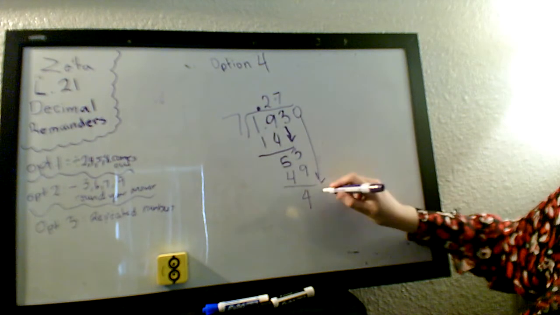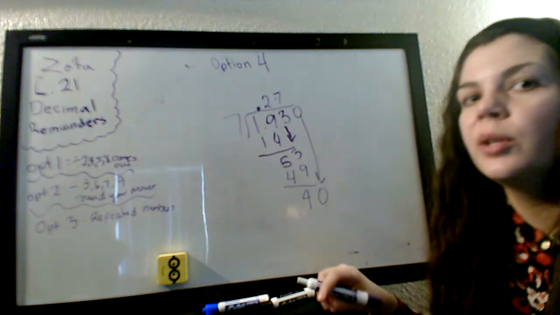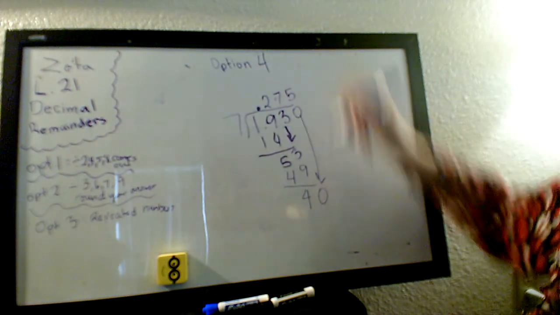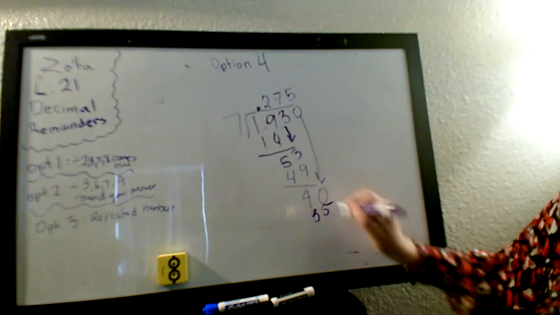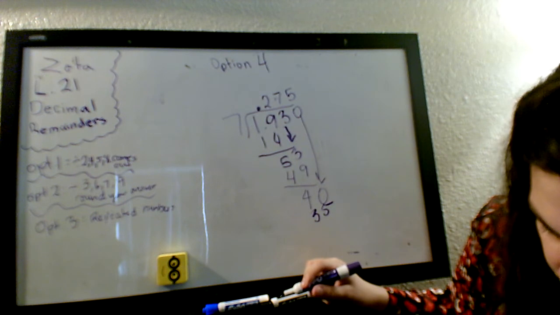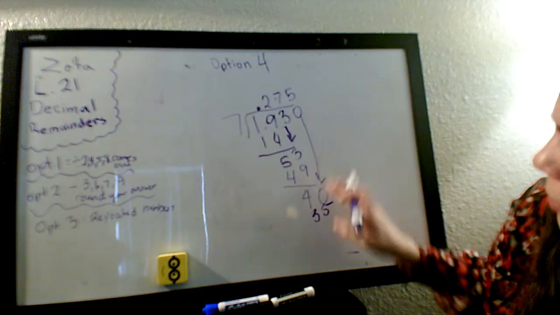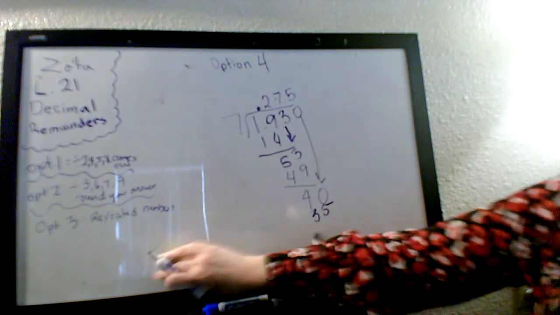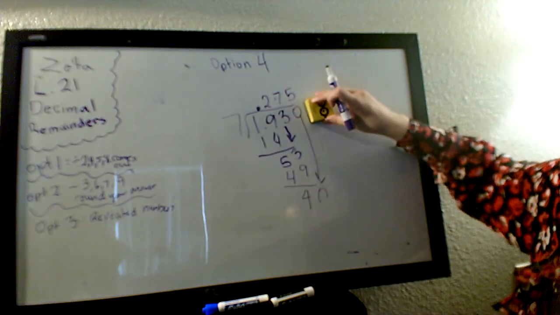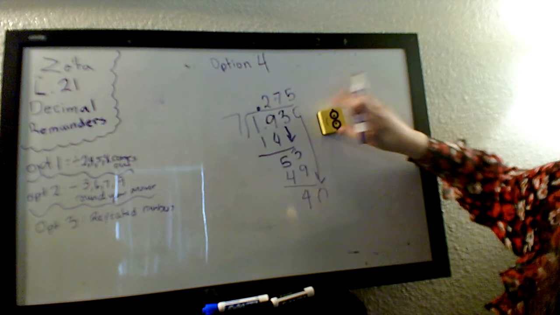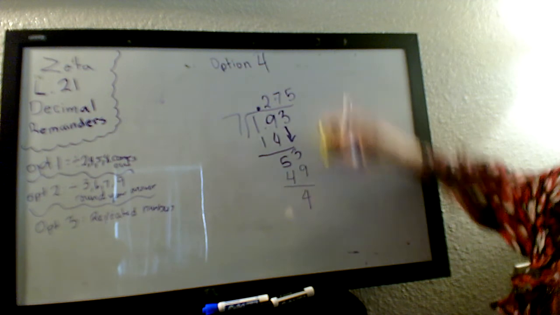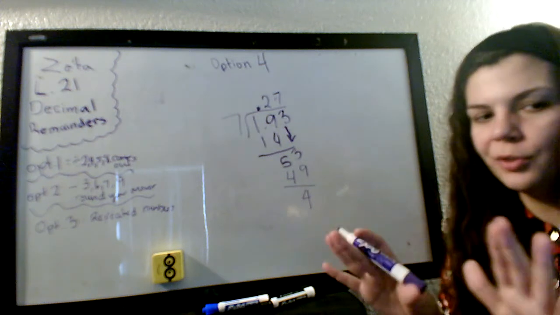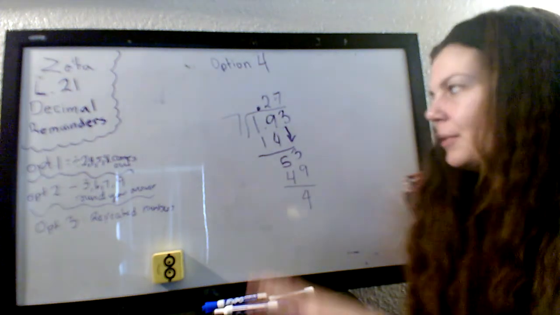I drop down a 0. How many 7s go into 40? 7 times 5 is 35. Oh, nope. Okay, technically I didn't need to go that far. I didn't need to add anything. Okay. Now I confused you more. So sorry. I had to think about what I was doing.